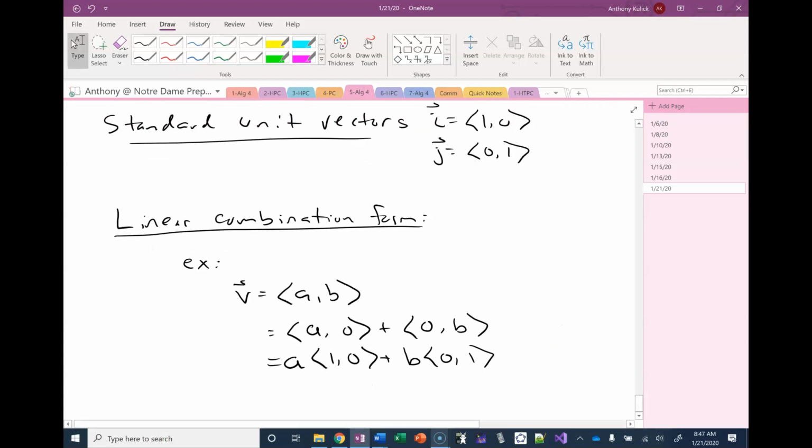Now the vector 1, 0 we have a special name for. We call that vector i. And the vector 0, 1 we call the vector j.